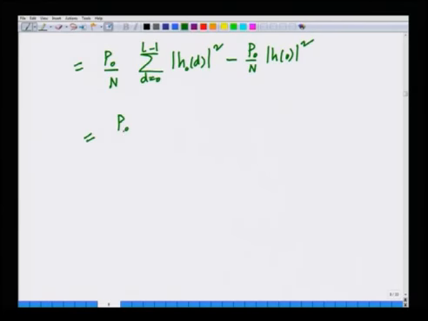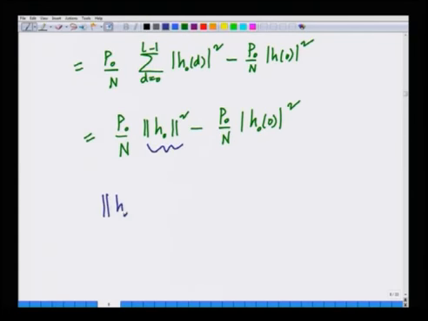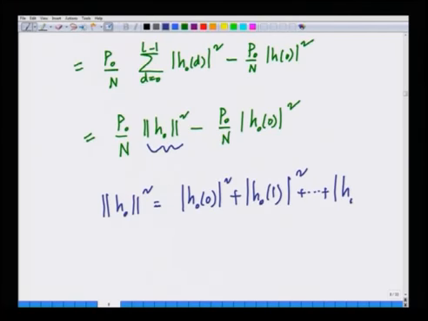This helps me write P 0 over n, norm of h naught square, minus P 0 over n, magnitude of h 0 0 square, where norm of h naught square is nothing but the total received power in the channel, that is the sum of the magnitude squares of the individual channel components, magnitude h 0 0 square plus magnitude h 0 1 square plus up to magnitude h 0 L minus 1 square.